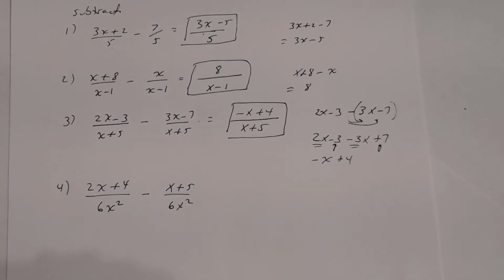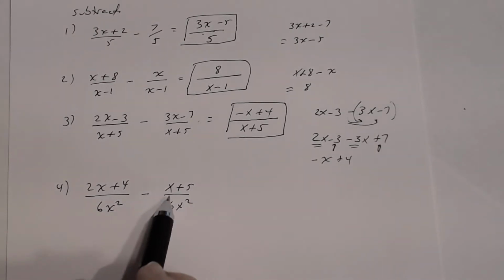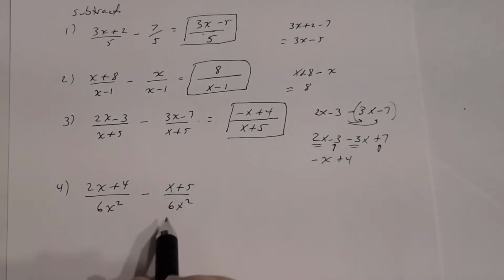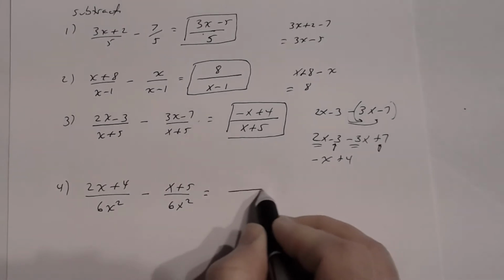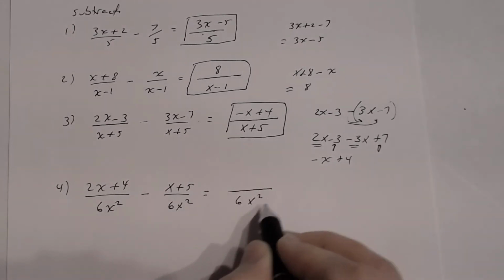So 2x plus 4 divided by 6x squared minus x plus 5 divided by 6x squared. Again, notice that the denominators are the same, so I can write this as one rational expression with 6x squared as a denominator.